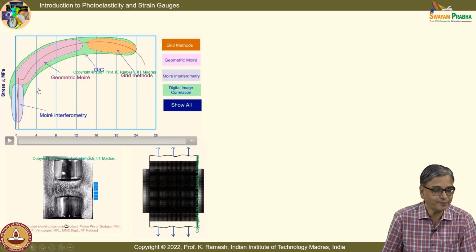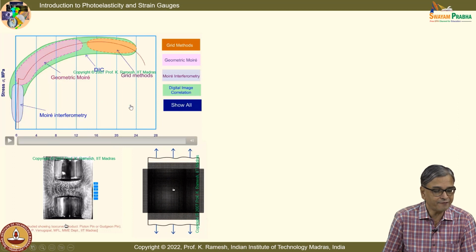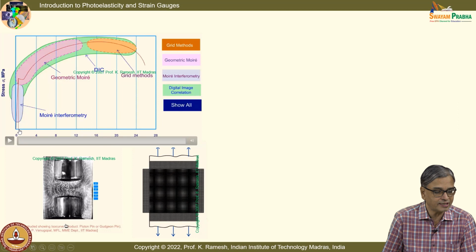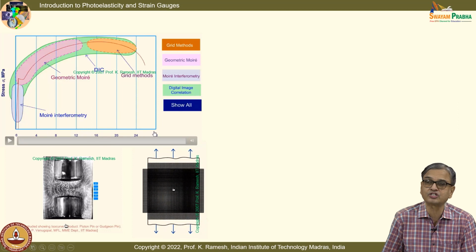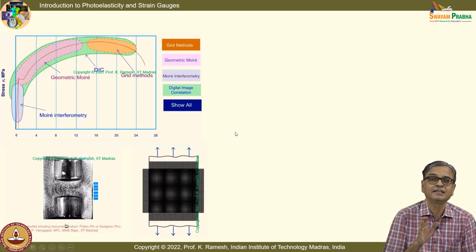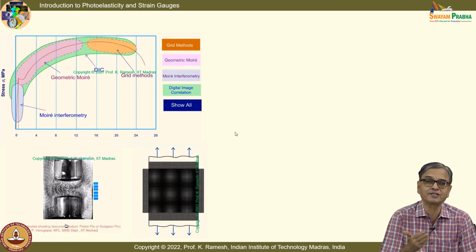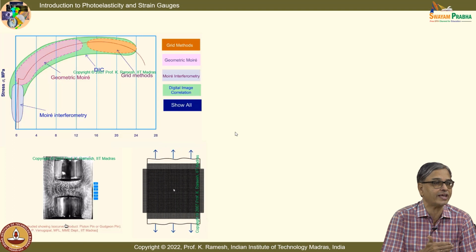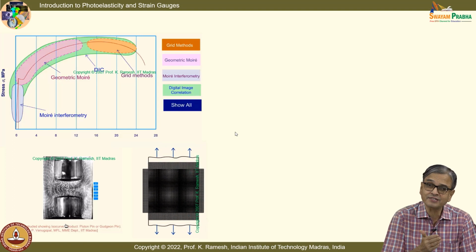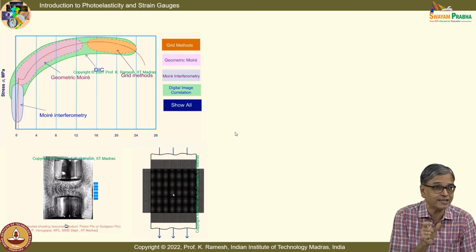And when you say geometric moire, this graph brings out on the x axis the level of strain. The idea is, like in your measurement scenario, when you use a scale, when you use a vernier caliper, when you use a screw gauge, your resolution keeps improving and the range also getting smaller.